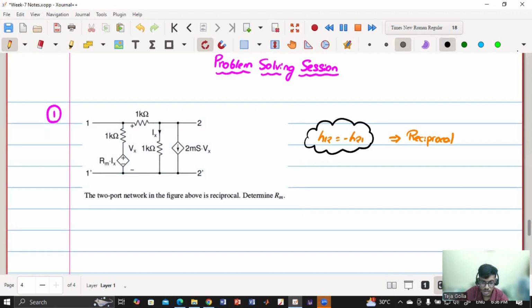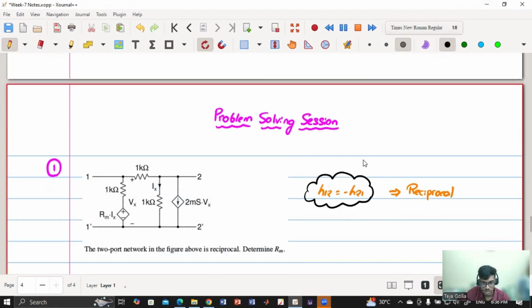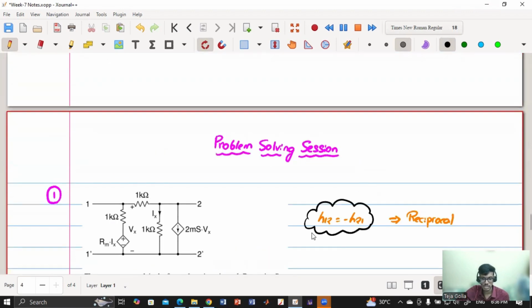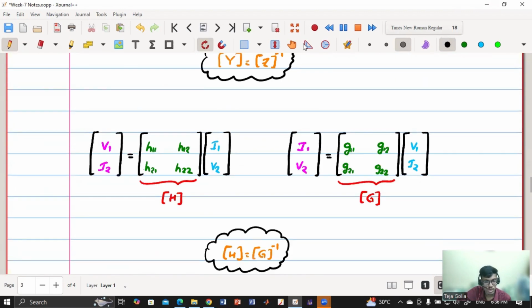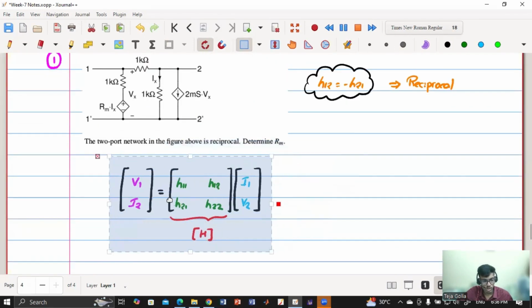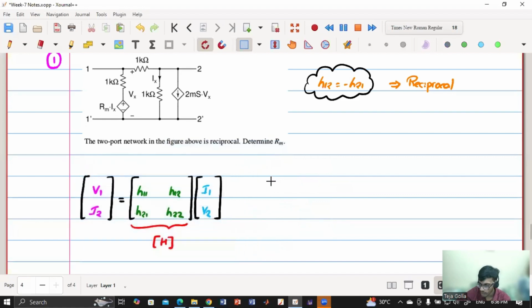But before that, I don't know what H12 and H21 are, because we don't remember, right? So first I'll go to H parameters: what are the inputs, what are the outputs? I'll first define H12 and H21. My H12 is V1 by V2 when I1 equals 0.